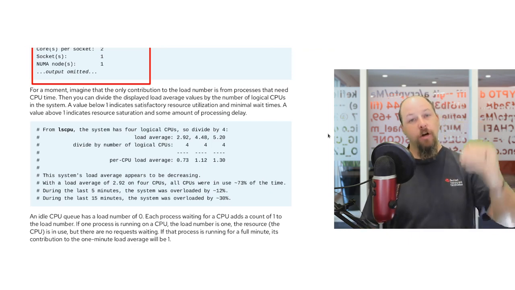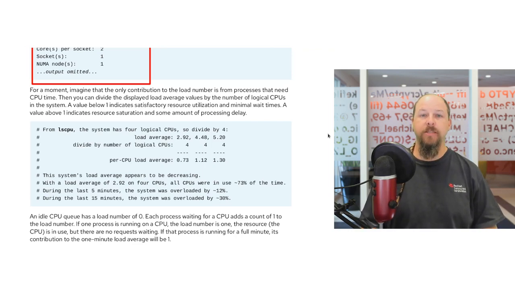Numbers greater than 4 could indicate an issue with system availability and resources, while a number less than 4 means that we have available CPU processing power to do more work. While this isn't a hard and fast rule, it's a great rule of thumb to determine a proper load average for a given Linux environment.